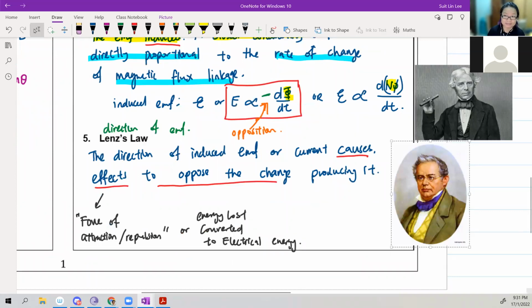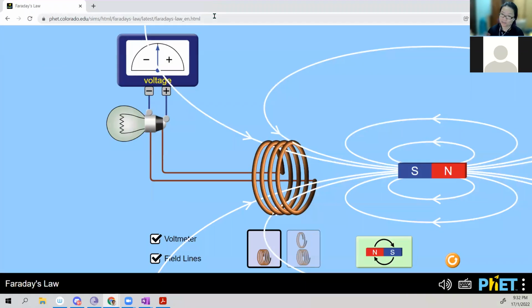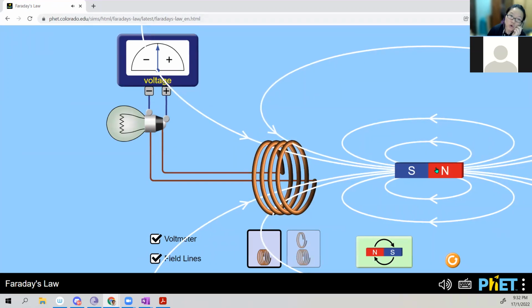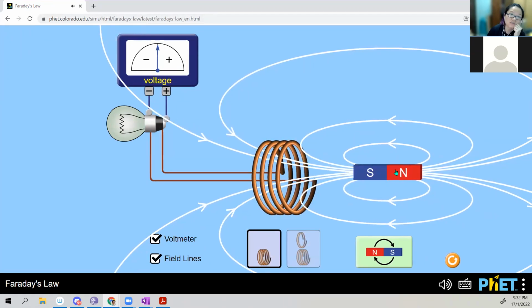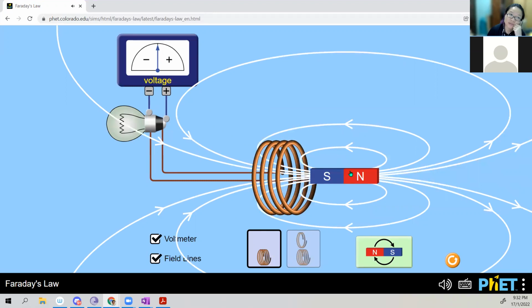And the direction of that current will oppose the change that I make. So, for example, let's go back to this question. Let's say I change the flux by bringing the south pole closer. And when I do so, the coil is like, yo, south pole, chill, don't come so close. So this coil will become south pole and push it away, go away.